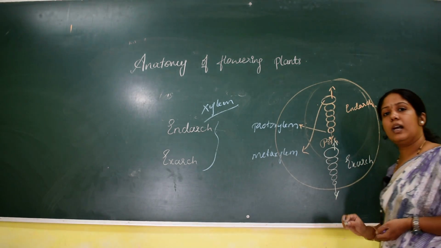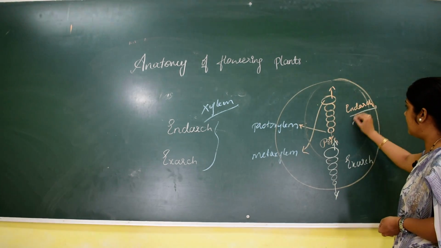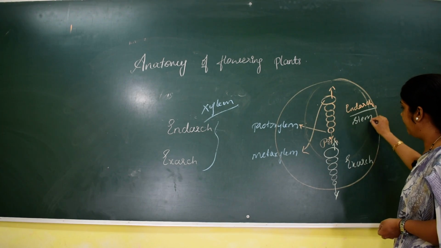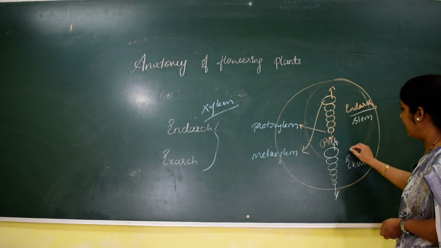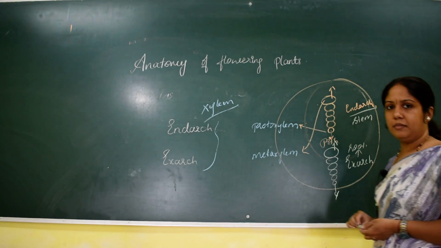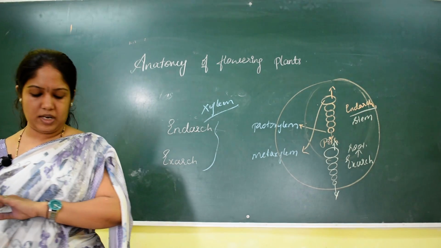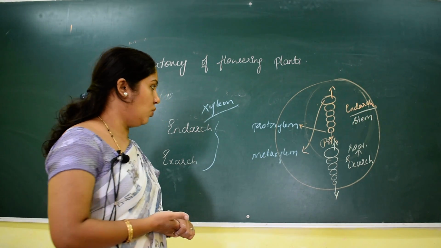So endarch and exarch. Usually endarch is seen in stem, whereas the exarch condition is exhibited in root.